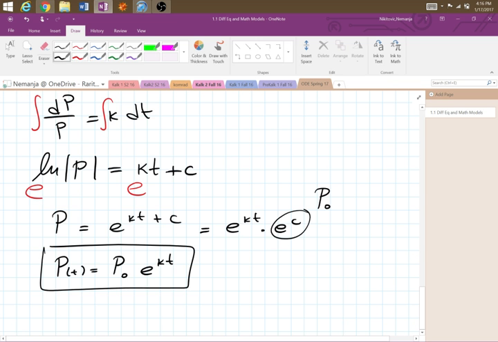Now, that k is the growth or decay rate. And we have to understand that that k is going to take a look at a lot of factors. It is not something that you say, all right, it's just a growth. You have to understand that that k also reflects what type of population you have.